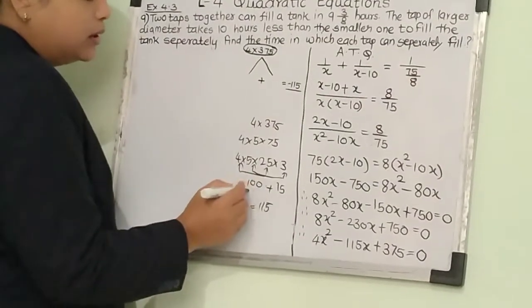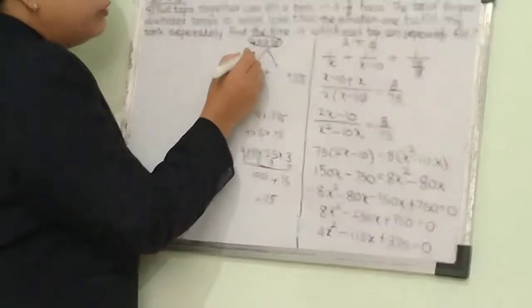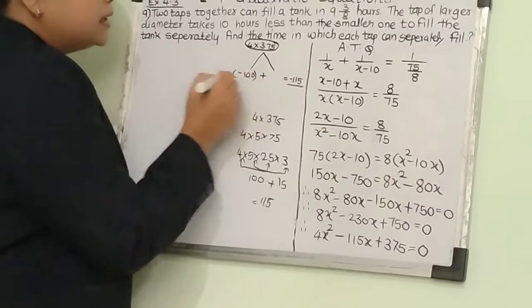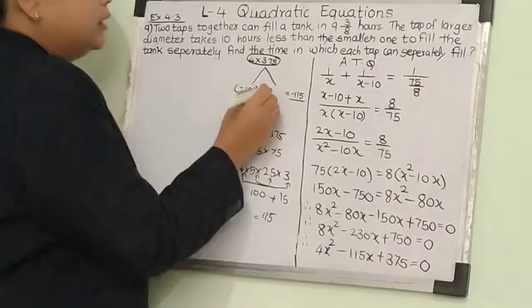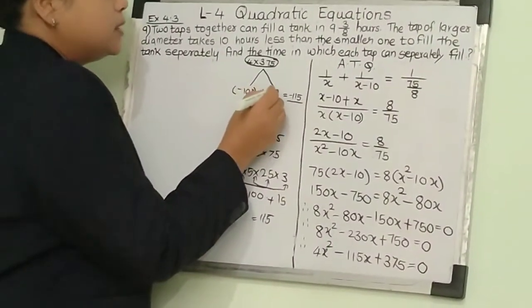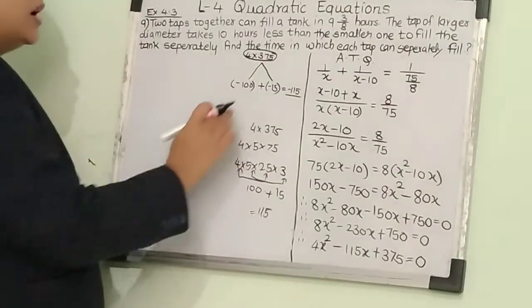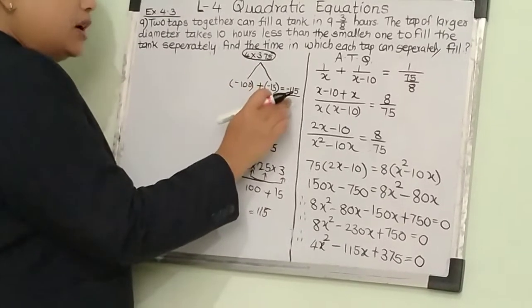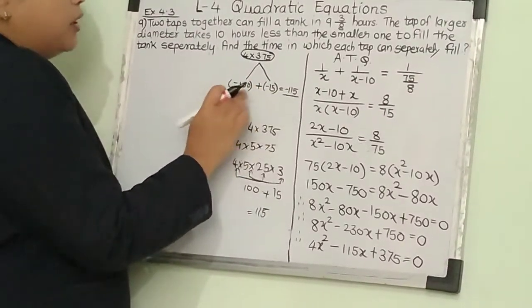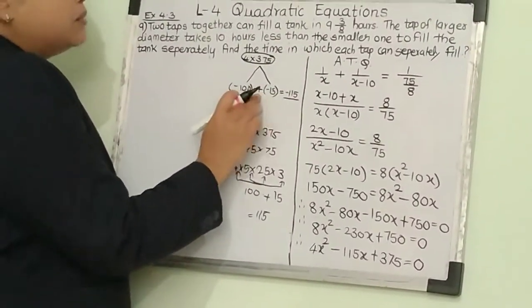The sum of these two numbers is 115, but we require minus 115, so we take minus 100 and minus 15. For the product, minus minus becomes plus.